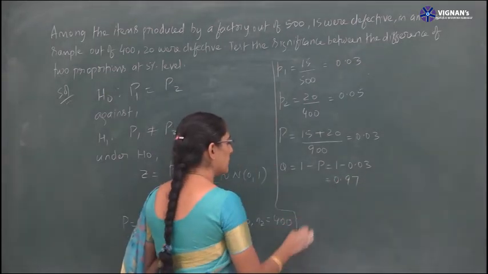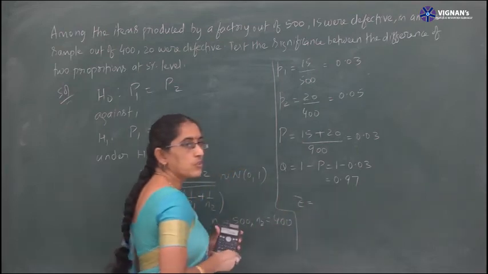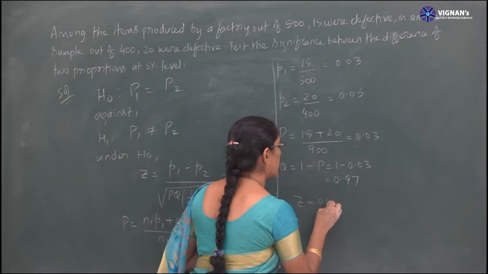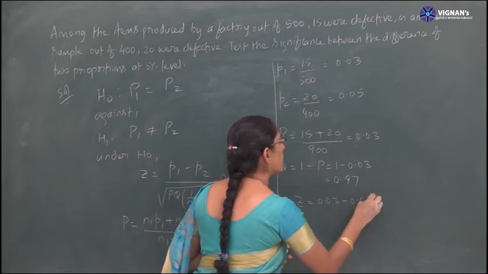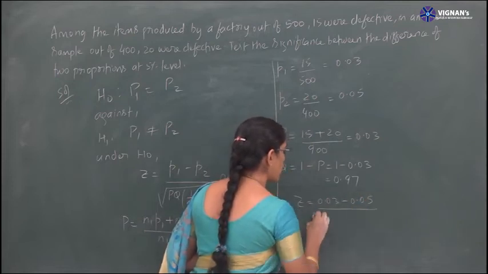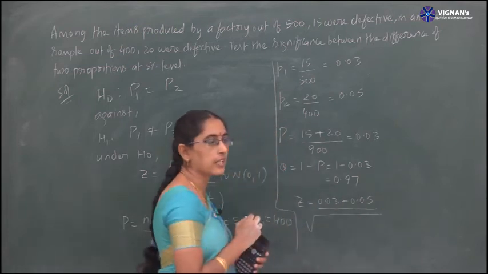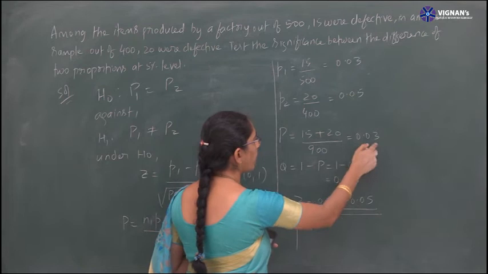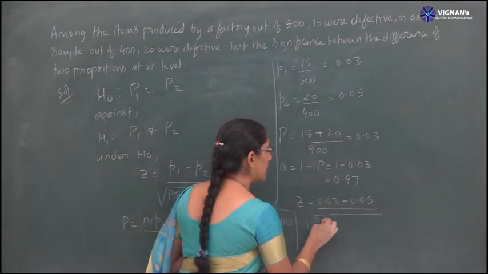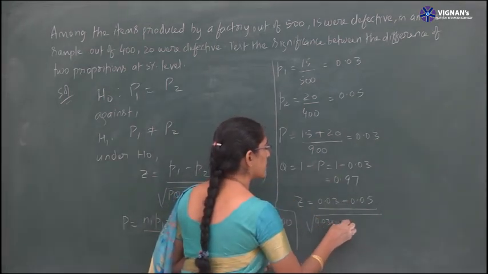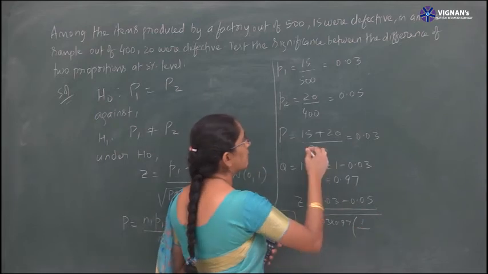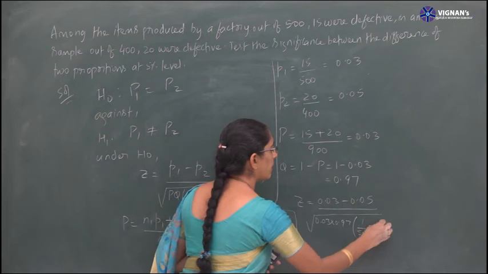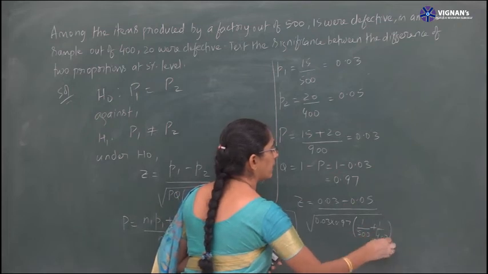Now substitute in the Z formula here. So small p1 minus small p2, that is 0.03 minus 0.05, by square root of capital P into capital Q, means here 0.03 into 0.97 into 1 by N1, means here 500, plus 1 by N2, means 1 by 400.